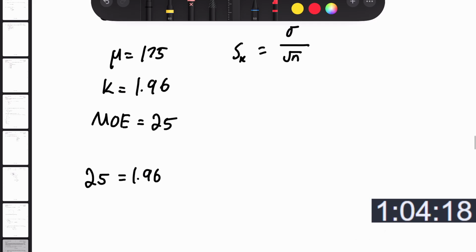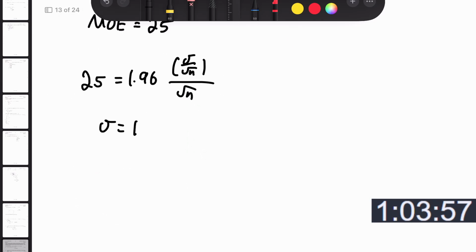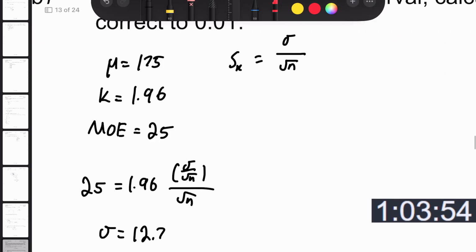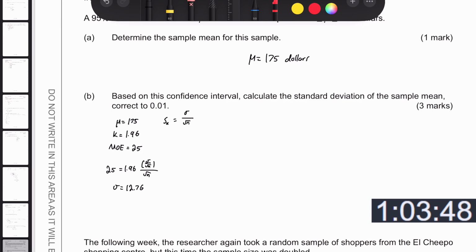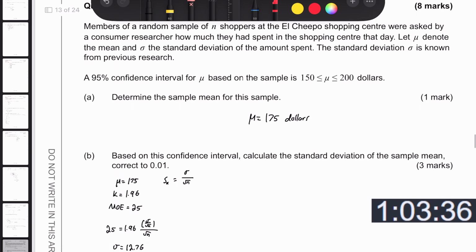Is it just going to be that? And since I don't know, so it's going to be like square root of n on square root of n. Maybe, so 25 divided by 1.96, 12.76. Wait, no. That's not right.